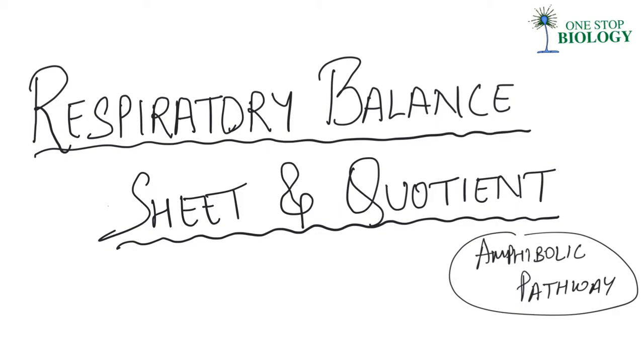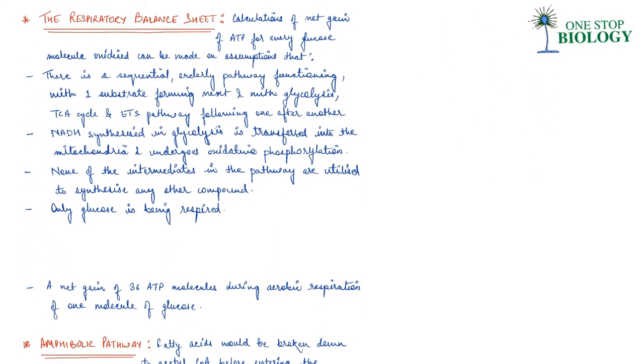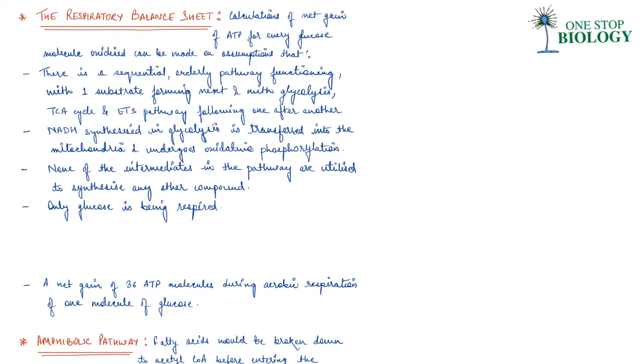So guys, let's start with the respiratory balance sheet first. Before we start with the respiratory balance sheet, we'll have to understand and just once at last revise the entire respiratory pathway. So the first thing that we noticed in the pathway is that it is a sequential process, right?